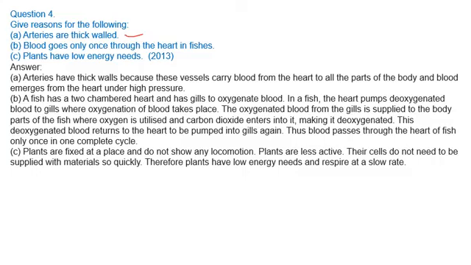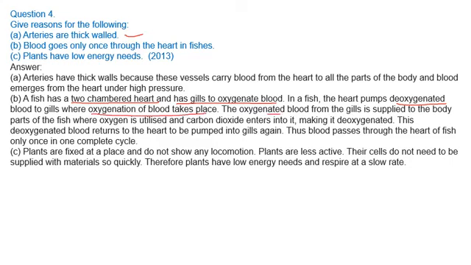Then, blood goes only once through the heart in fishes. We know that fish have a two-chamber heart and it has gills to oxygenate blood. In fish, the heart pumps deoxygenated blood to gills where the oxygenation of the blood takes place.